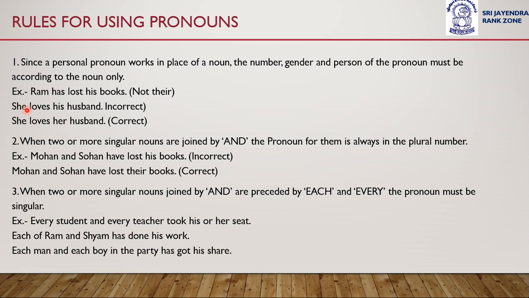Here as well you can see we have used his instead of their. Why? Because the nouns are preceded by each. So in this sentence only singular form must be used. So I hope you have understood all the three rules. Let us move on to the next rules.